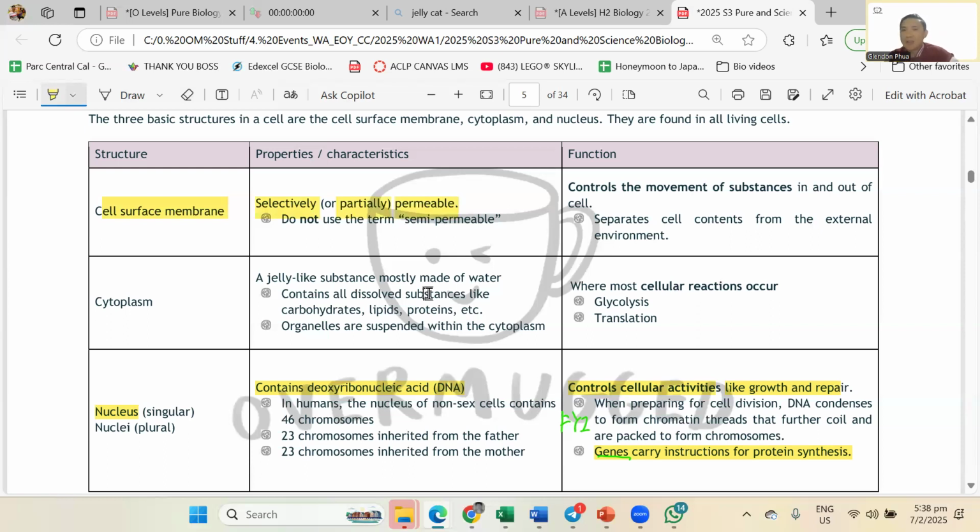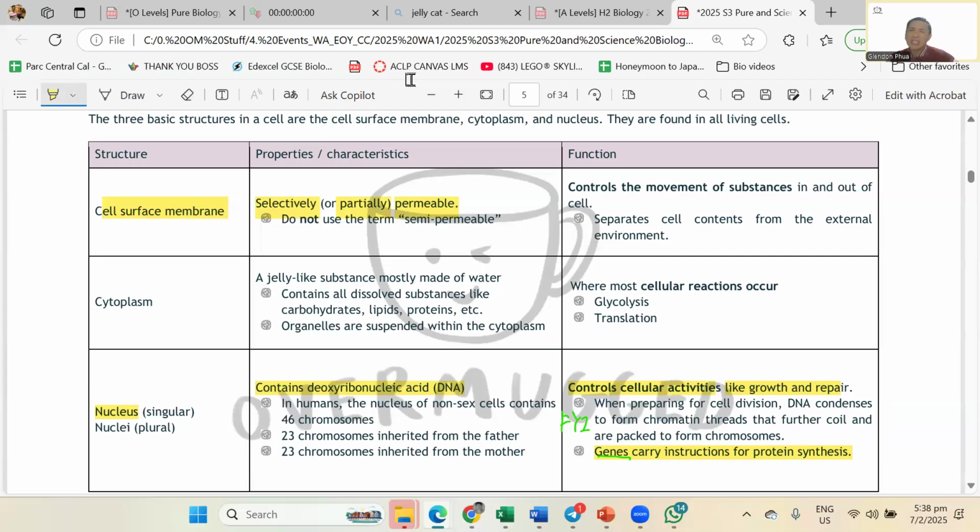If I'm a Singaporean tourist with tons of money and I go there and spend a lot of money at that casino, please come in, we want you. But sadly, if you are a displaced immigrant from a country that is war-torn, sorry, please don't come. We don't welcome you. So there is some selectivity there. It's partially allowing some people in and not others. Hence, use selectively or partially permeable. Why is semi wrong?